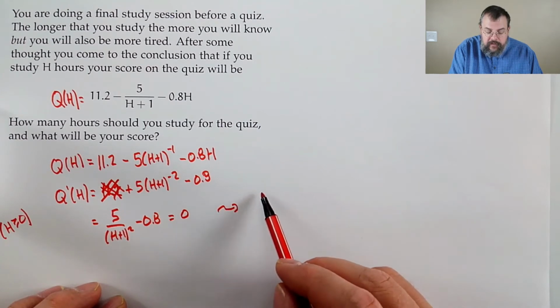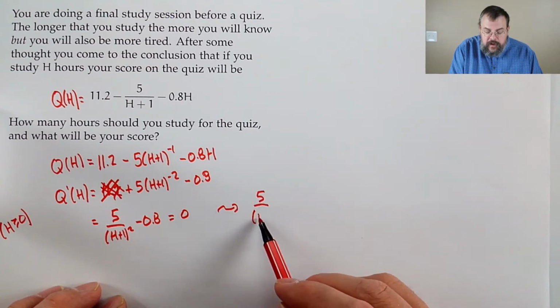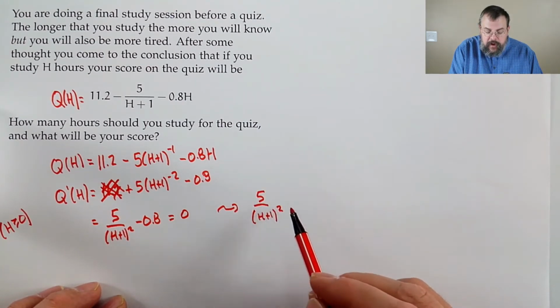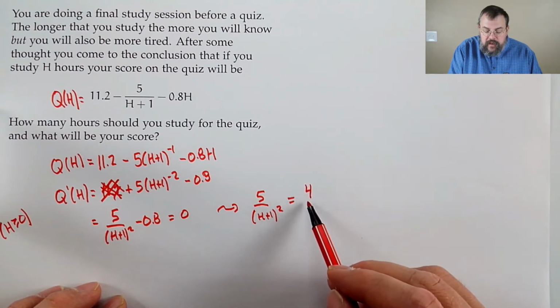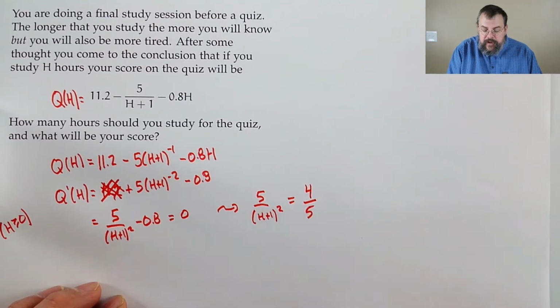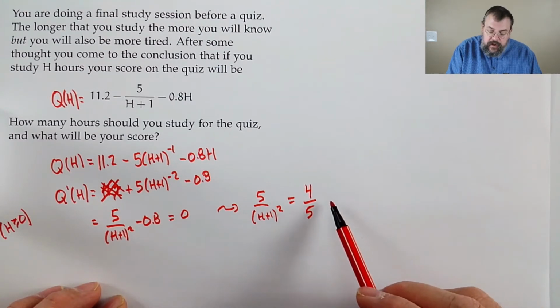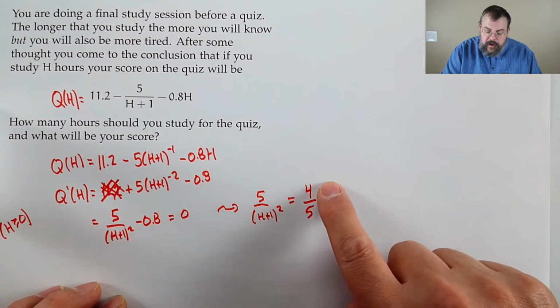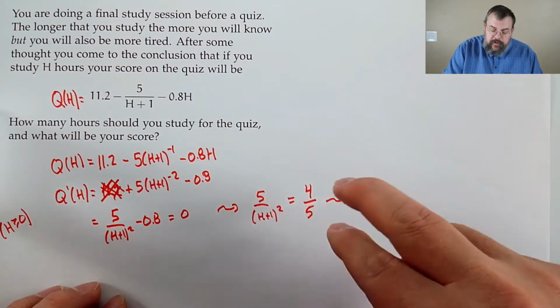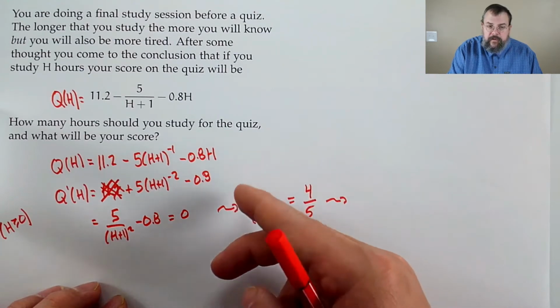Now, this would say what? Well, I would say 5 over h plus 1 squared would have to be equal to 0.8, which is another way of saying 8/10 or 4/5. So we can rearrange. So what do I mean? I'm going to multiply the h plus 1 squared across. Then I'm going to move the 4/5 across by turning it into a 5/4.